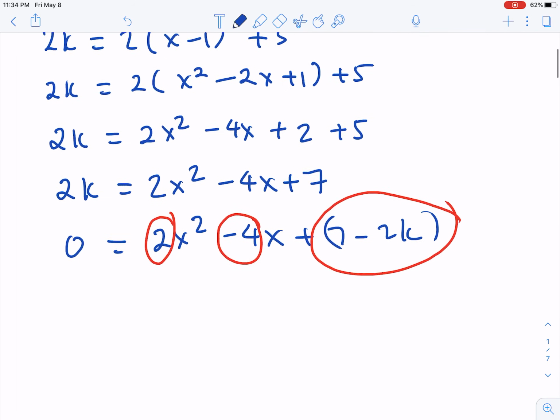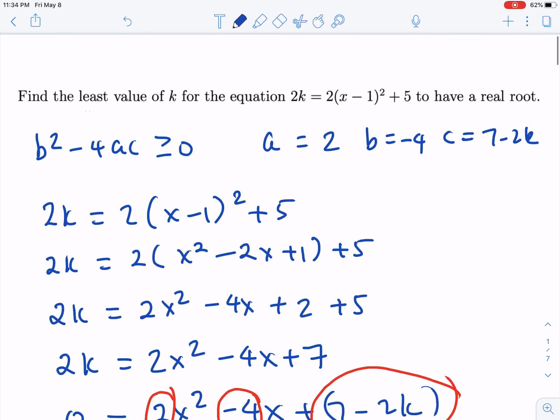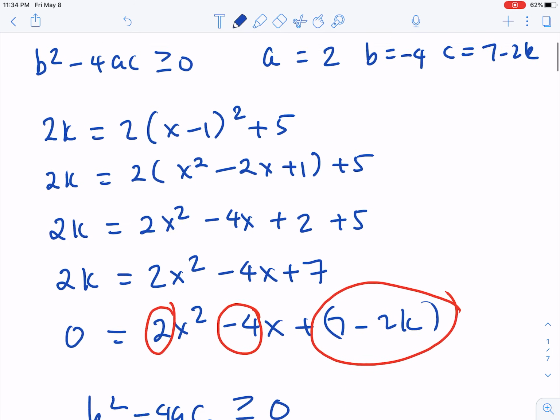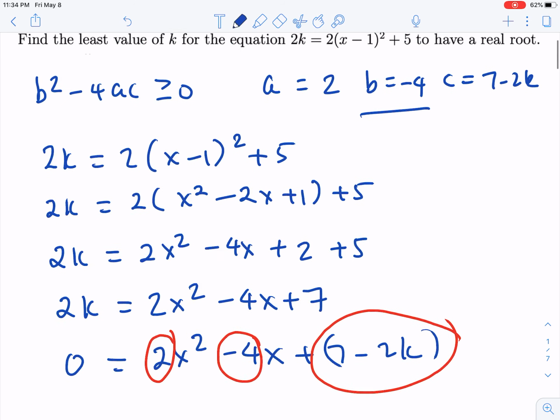So, b squared minus 4ac is greater than or equal to 0. Yun yung sabi natin kanina. Ito yun, di ba? So, substitute natin yung b. b is negative 4 squared. b natin sa taas, no?